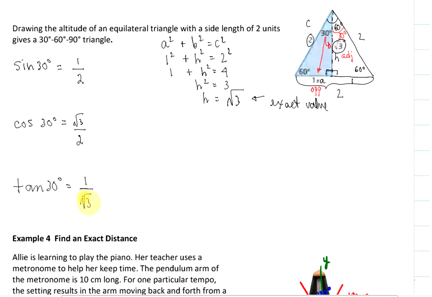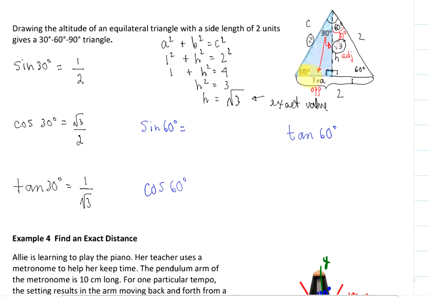Alright, so now let's take a look at our exact values for sine of 60, cos of 60, and tan of 60. Now we're taking a look at the angle which is 60 degrees.